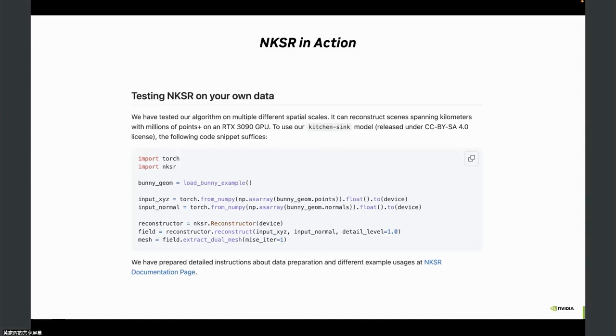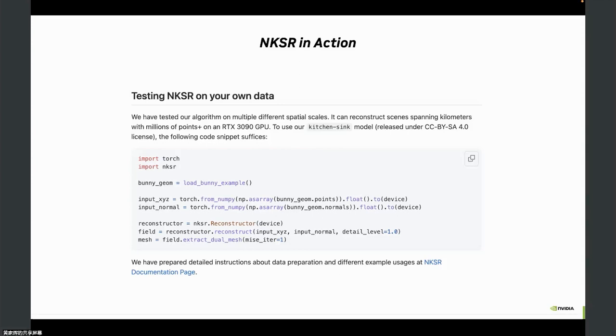So you could test NKSR on your own data from today by directly pip installing it and then following all of the instructions. It's just a few lines of code. You can convert your input points into meshes.